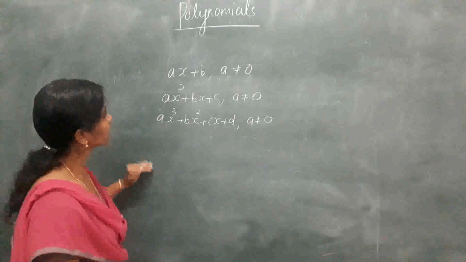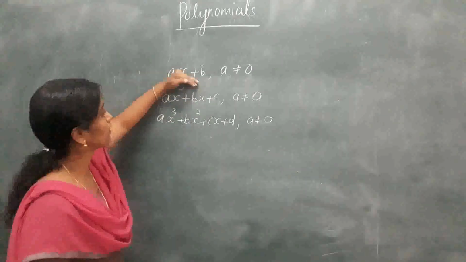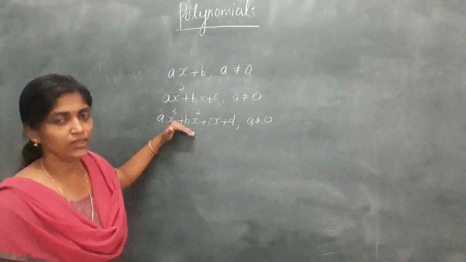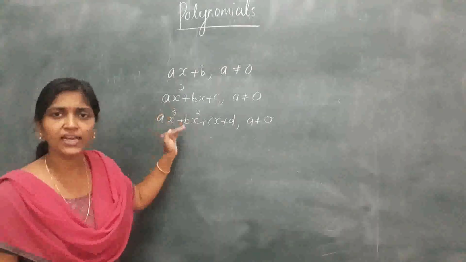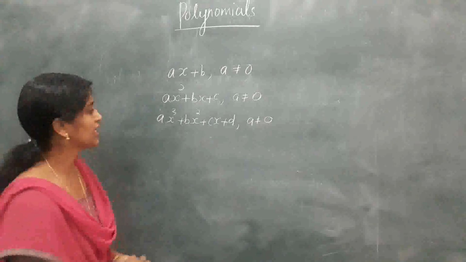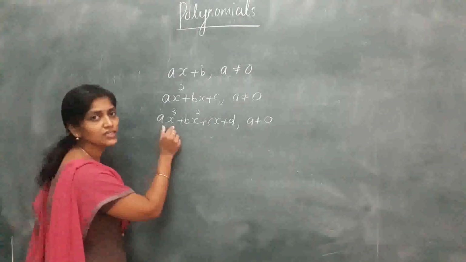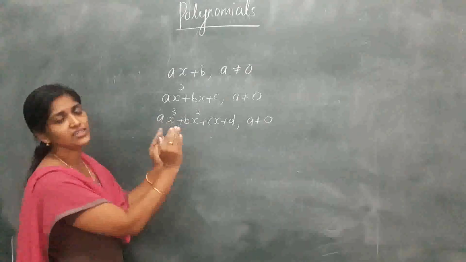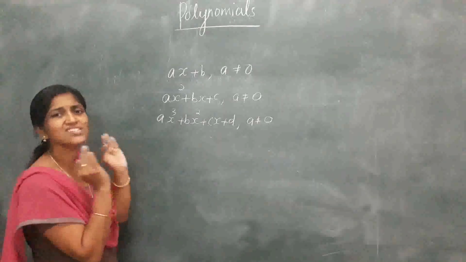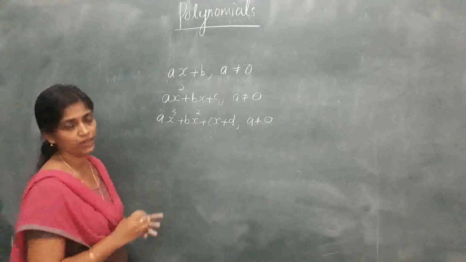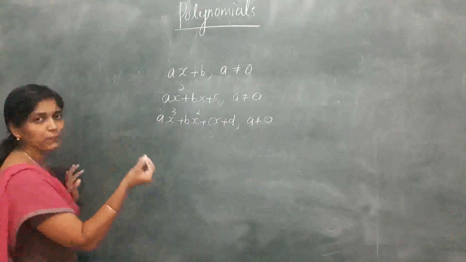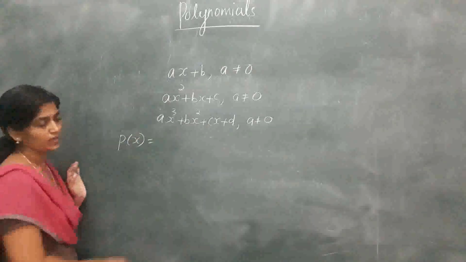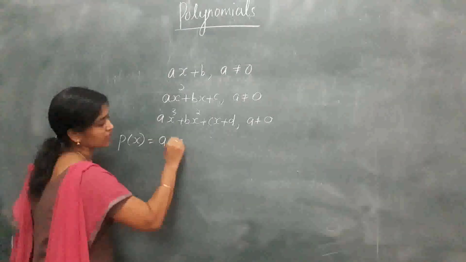Here we know it is a degree 1 polynomial, a degree 2 polynomial, a degree 3 polynomial. In this way we can generalize a polynomial. For degree 3, the power of the first term is 3. So we can bring a general form to a polynomial. The general form of a polynomial is p of x equal to a n x raised to n.